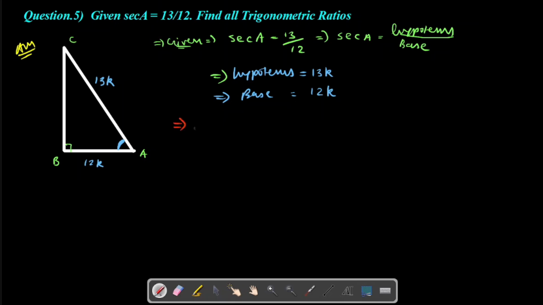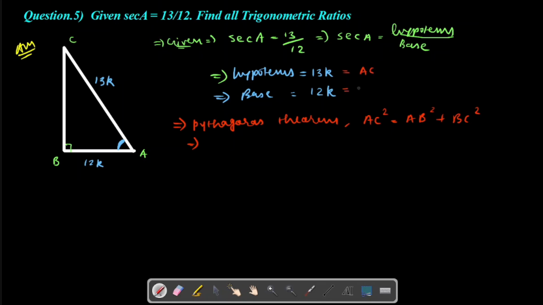We can use the Pythagoras theorem here, which gives us a relation between the three sides of a right angle triangle: AC square is equal to AB square plus BC square.